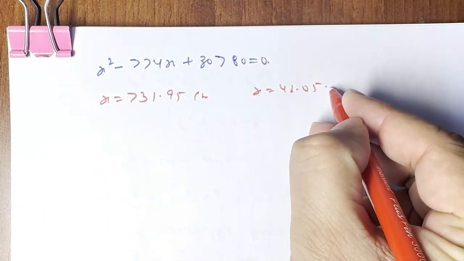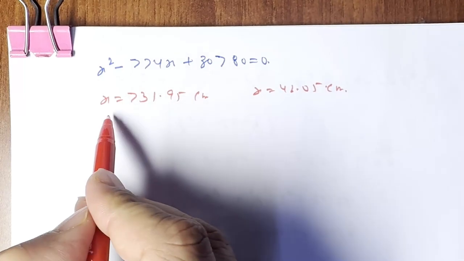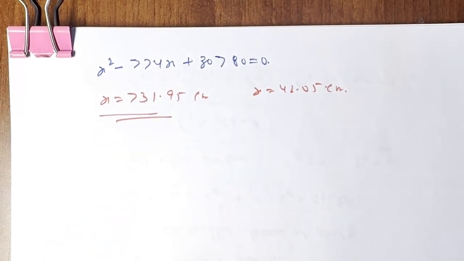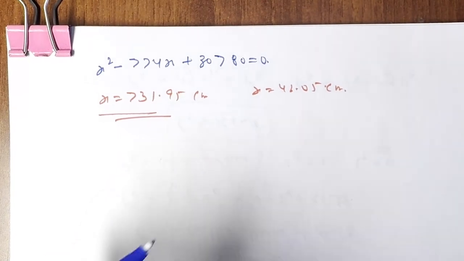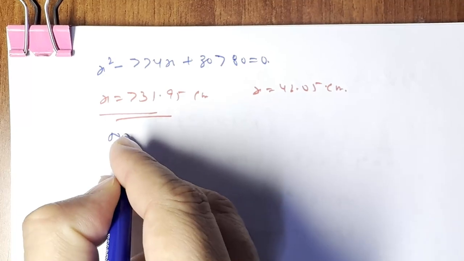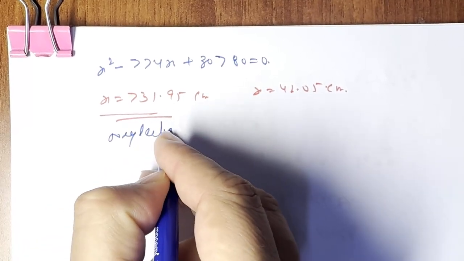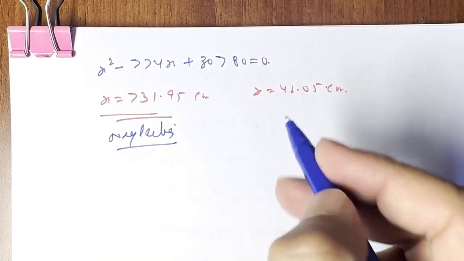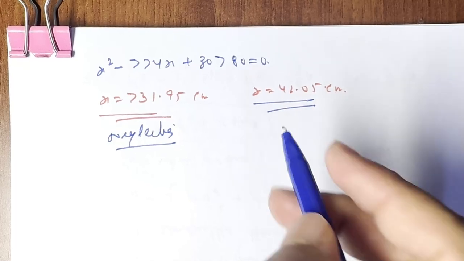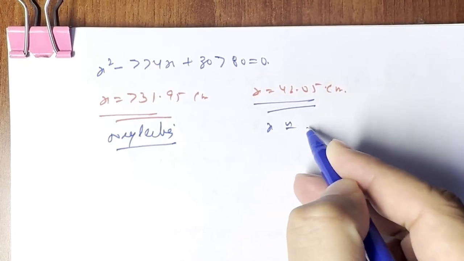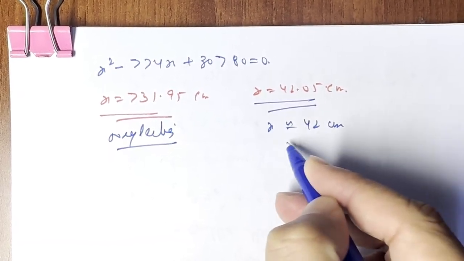The first value is not possible because the maximum length of the tube is only 100 centimeter, so we neglect it. So the value of x is 42.05 centimeter, which is approximately 42 centimeter.